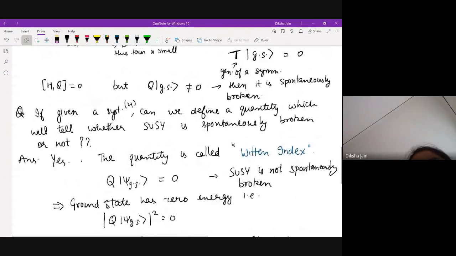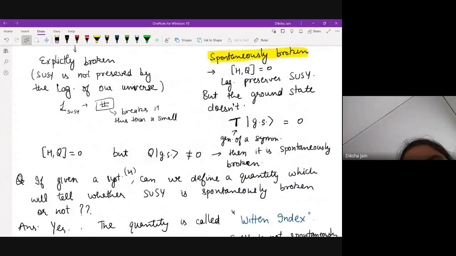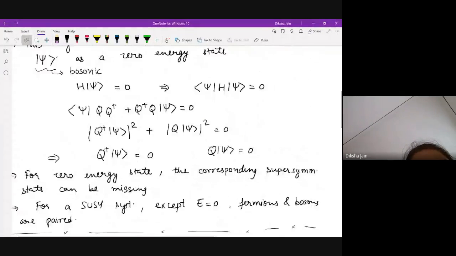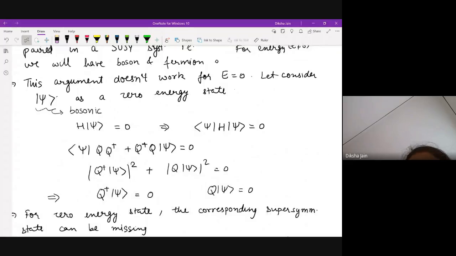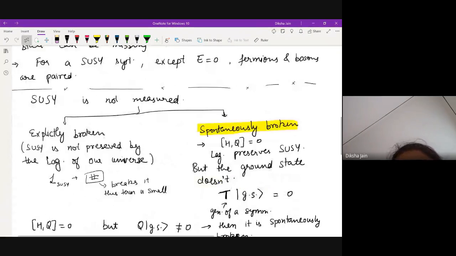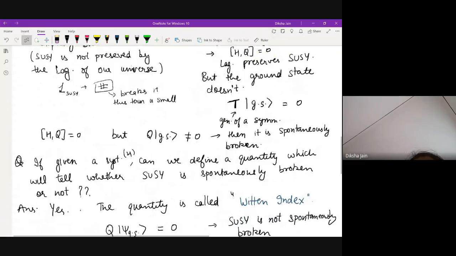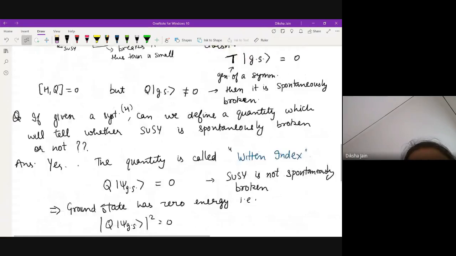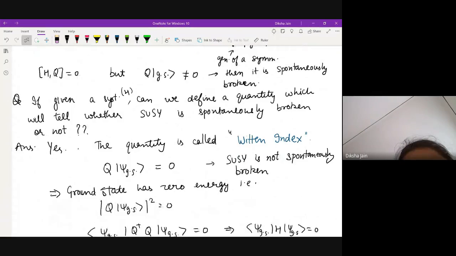So this is the definition of a symmetry being spontaneously broken. We already know that if the ground state has zero energy, it should be annihilated by Q. If a symmetry is not spontaneously broken, then by definition the ground state preserves that symmetry, so Q should annihilate the ground state.